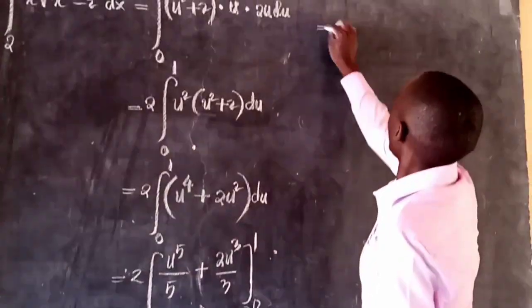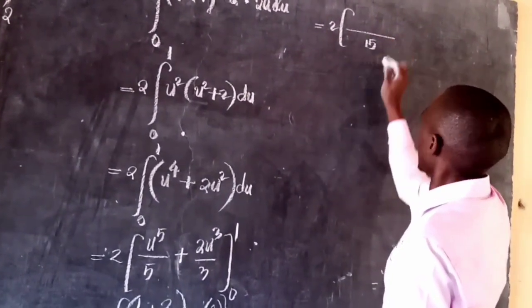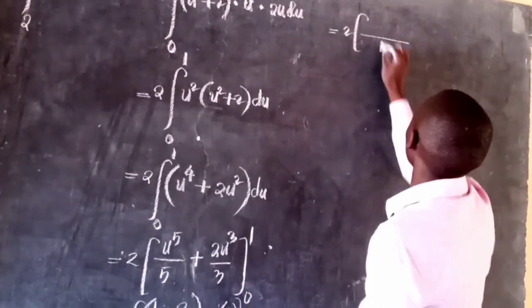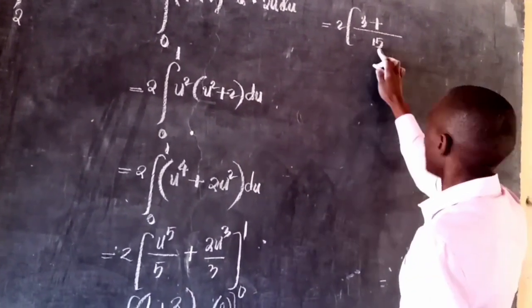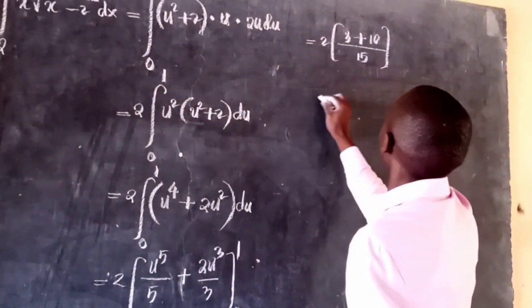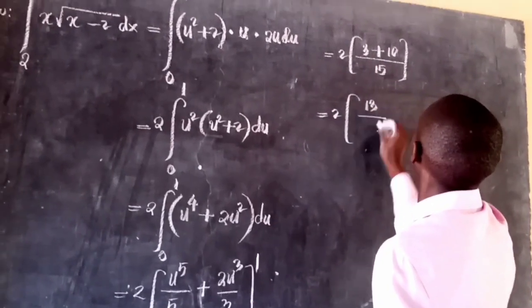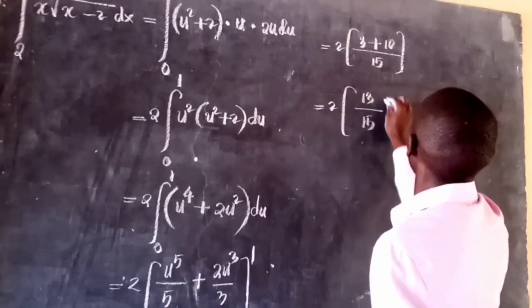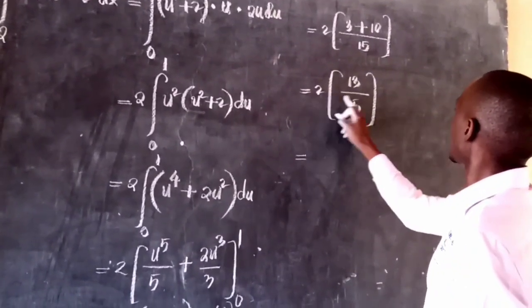So we are remaining with 2 into an LCM, which is 15. 15 by 5 is 3, times that 1, 3. 15 by 3 is 5, times that 2, giving us 10. So resultant, I get 2 into, inside there I have 13 over 15, which gives me a constant hitting a fraction.